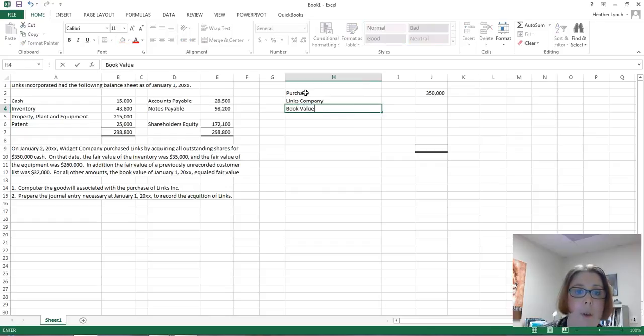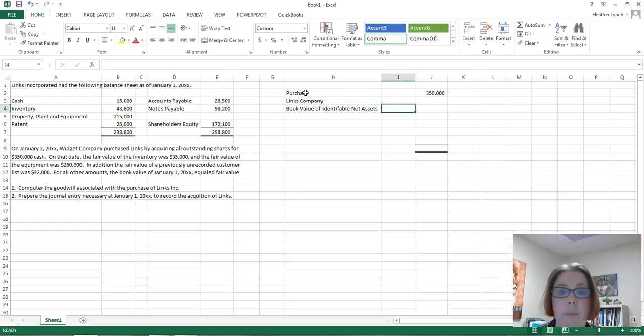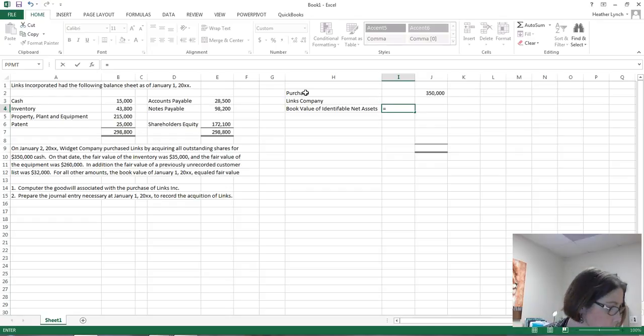We have a book value of identifiable net assets. This is going to be the difference between your cash, inventory, and assets minus your accounts payable and your notes payable.